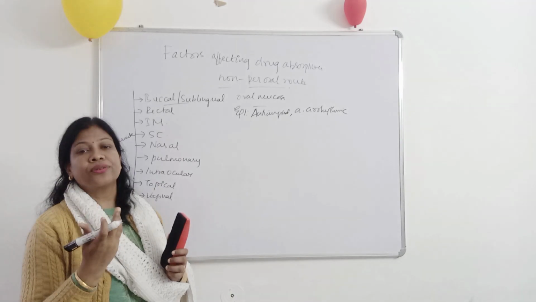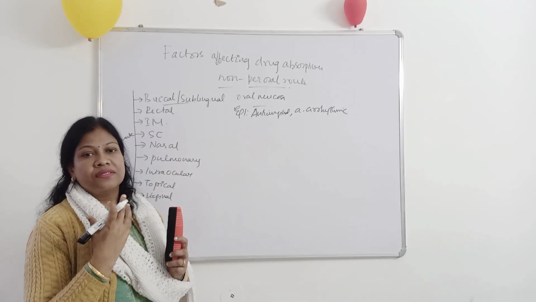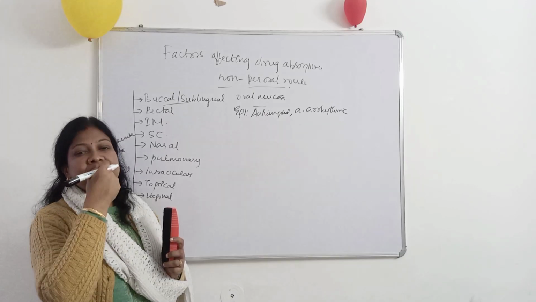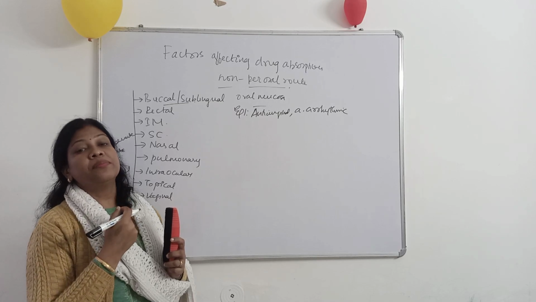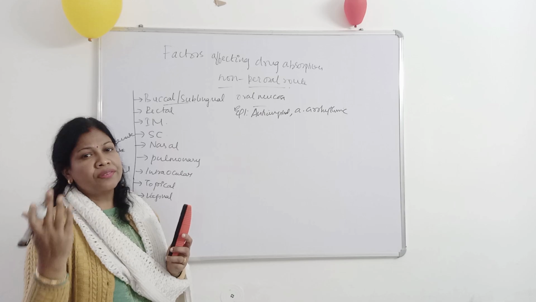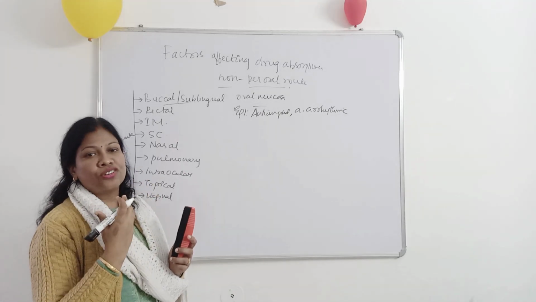Sublingual nitroglycerin is available, which is used as an anti-anginal drug and gives rapid onset of action when you administer nitroglycerin through the sublingual route. So when you need rapid onset of action, apart from the IV route, you can prefer the sublingual or buccal route also.